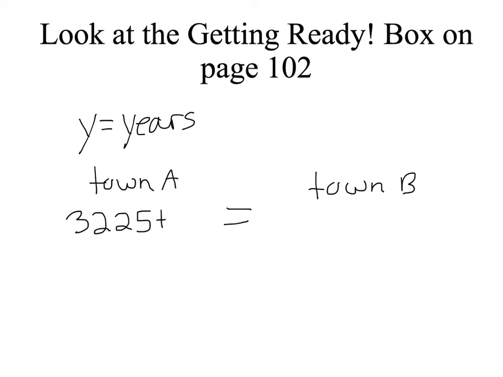So that's going to grow at a rate of 100 people every year. So 100y. Now, town B has a population of 3,300 people, and it's growing at a rate of 75 people per year. So if we solve this equation for y, you'll figure out in how many years they're going to be equal. But that's how we're going to have to set up these equations, and you'll get much better at these as we go through.